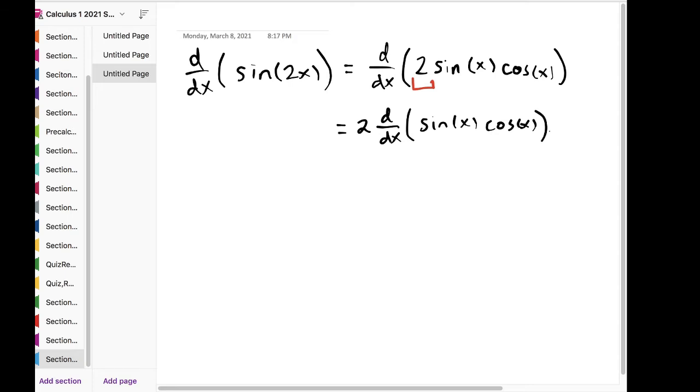Okay, so now we have the product rule, which someone suggested before. So you take sine. What's the derivative of cosine? What's the derivative of cosine?